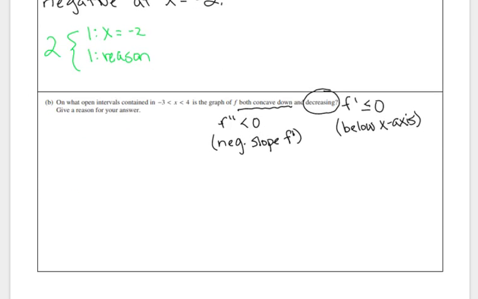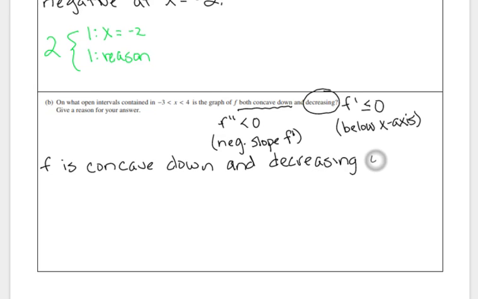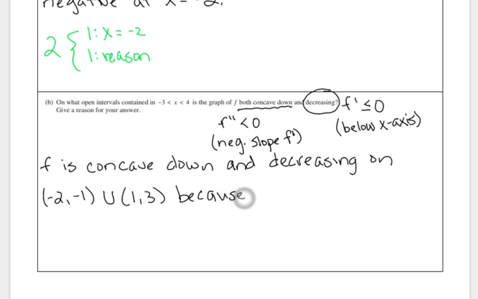So f is concave down and decreasing on -2 to -1, union with 1 to 3, because, let's see, what do we know?